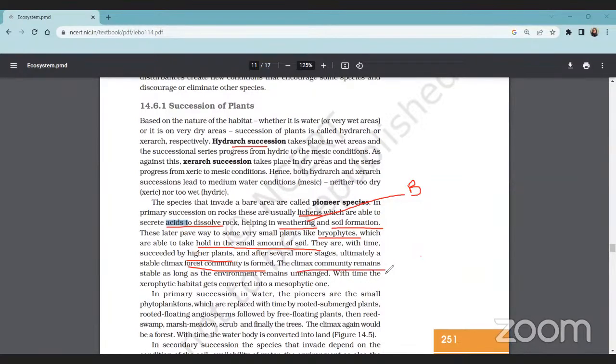The climax community remains stable as long as the environment remains unchanged. Only environmental changes cause changes in the climax community.